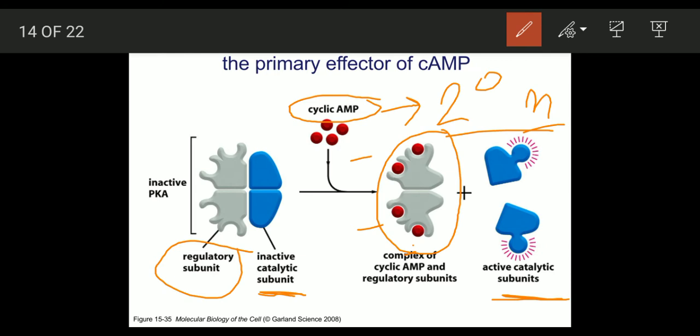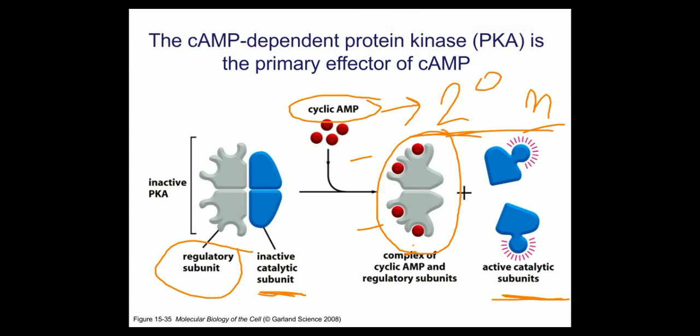It also relays the information of the GPCR, which is bound in the plasma membrane, to the cell for the downstream process. It means it is receiving the information a second time. That's why it is called a secondary messenger. Clear guys? So this was the overall concept for the GPCR cAMP mediated pathway.